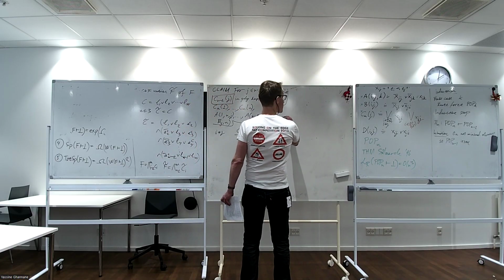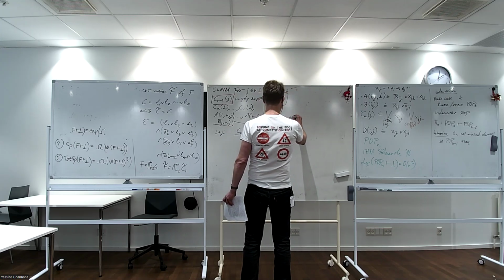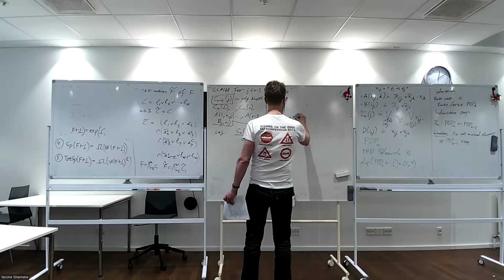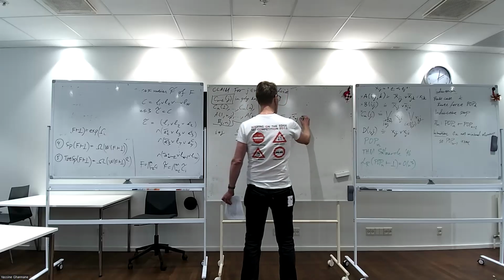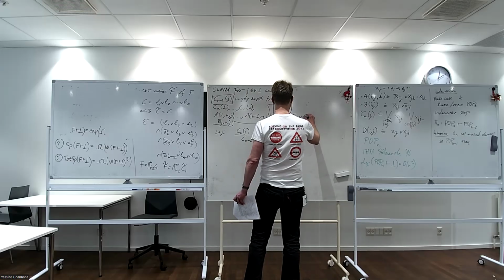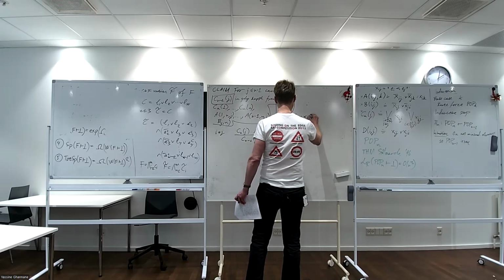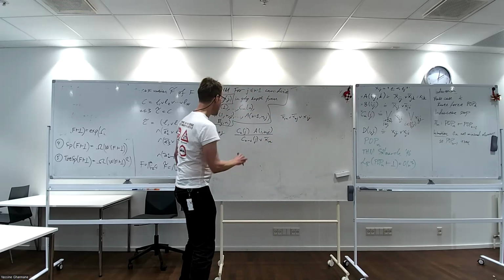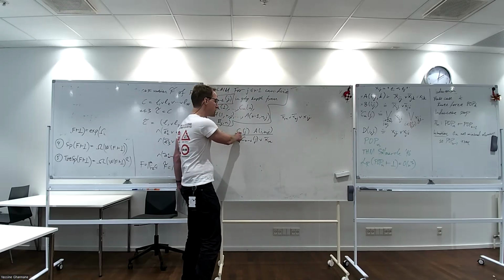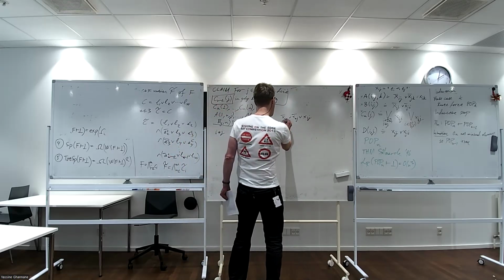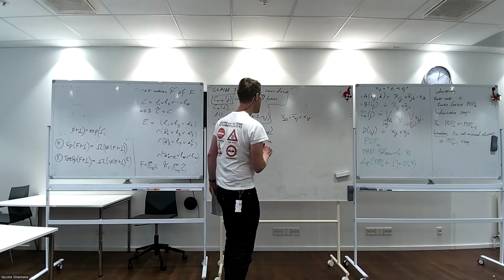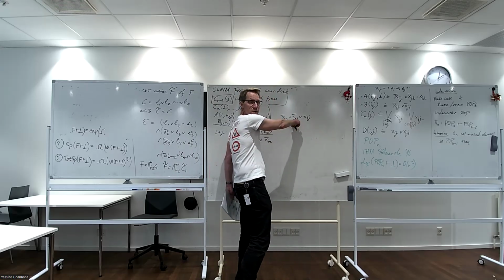So this is x_{i,n} or not x_{n,j} or x_{i,j}. x_{i,j} is already in there. x_{i,n} is this one. And this was the guy that I wanted to get rid of.